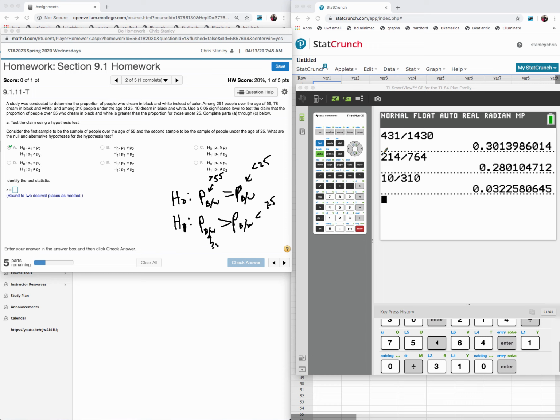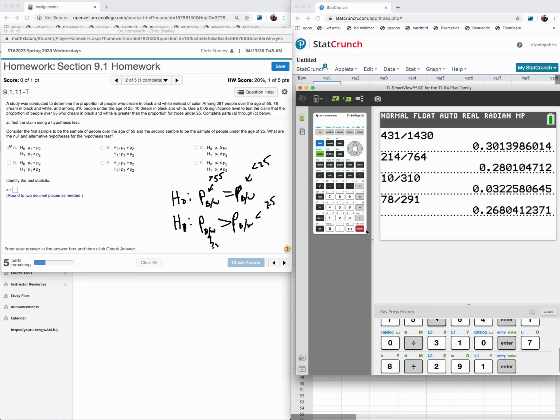Okay, so let me go back to this. 10 out of 310 are young people. Now how about the older people? We have 78 out of 291. So this is the older crowd.